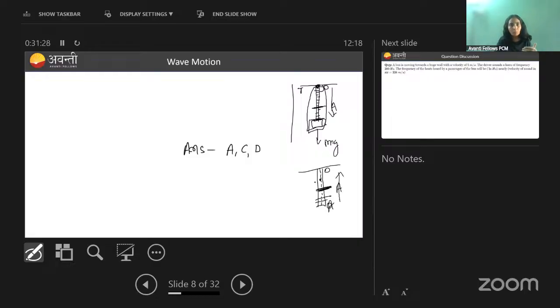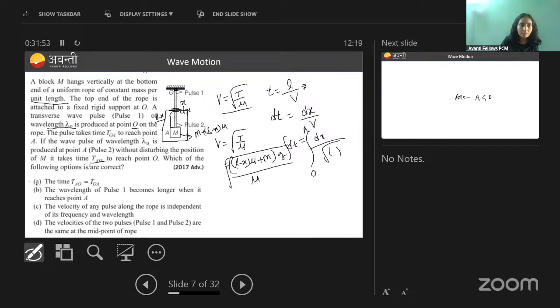So the velocity profile for the pulse traveling from O to A or from A to O is the same. For one it is decreasing, and for the other it is increasing, so the average velocity is constant. If the average velocity is constant, the time taken will be the same. So you can clearly answer this.